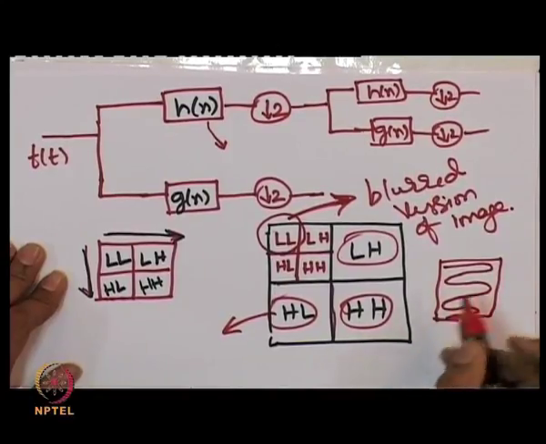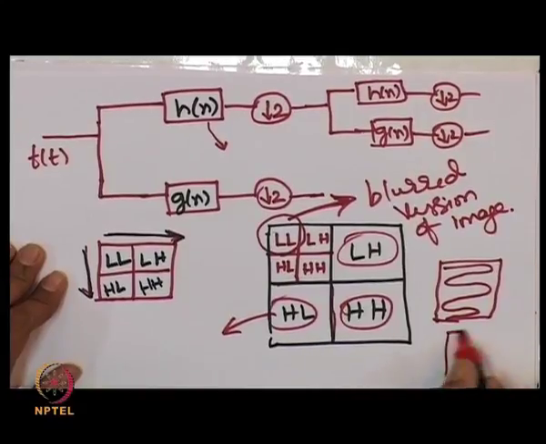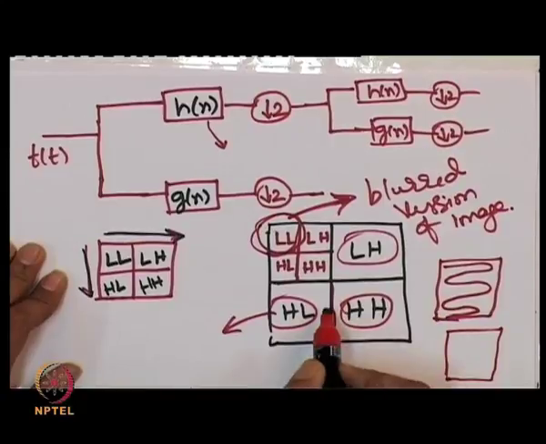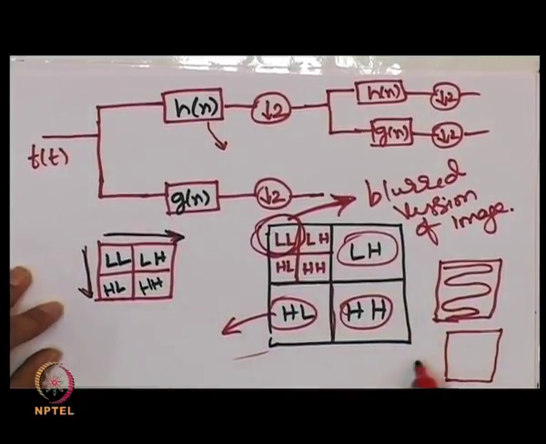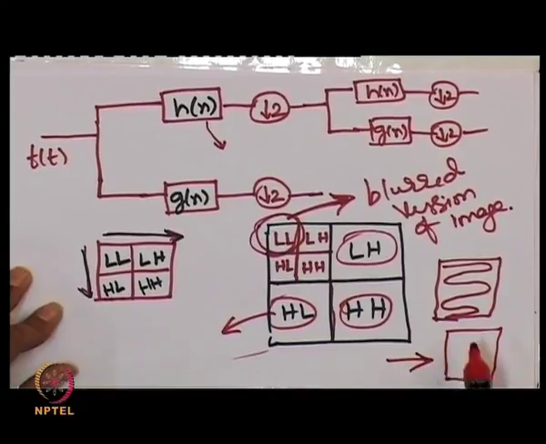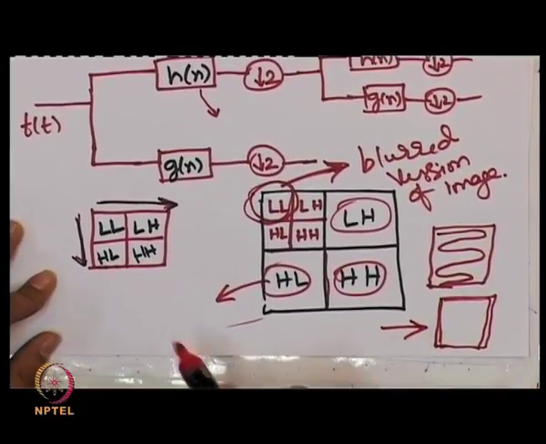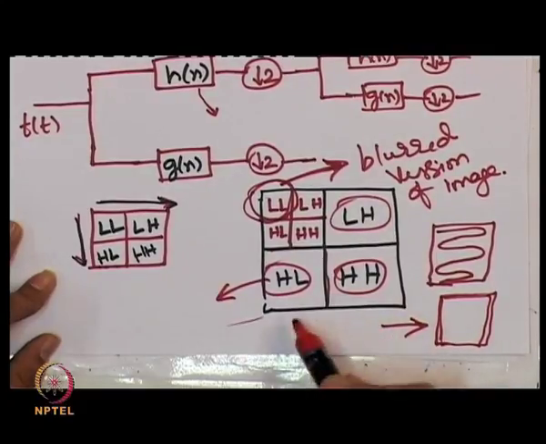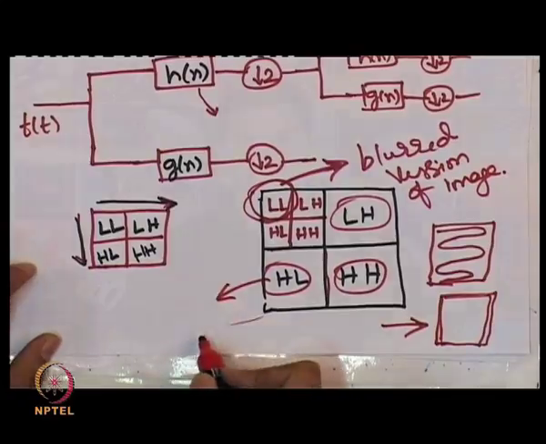But nowadays on Facebook or WhatsApp they show you a blurred version of the image first. That means the LL band is transmitted first, so you receive the blurred version, which is displayed first. After receiving the detail bands, they add them to the image and you get the full detailed high resolution image. Thank you.